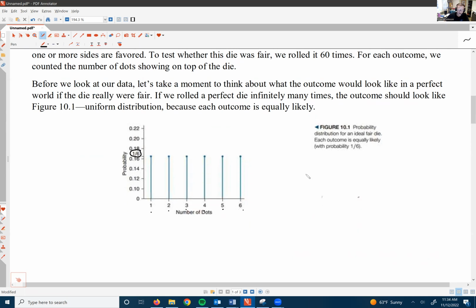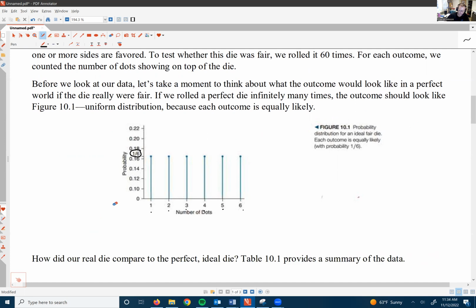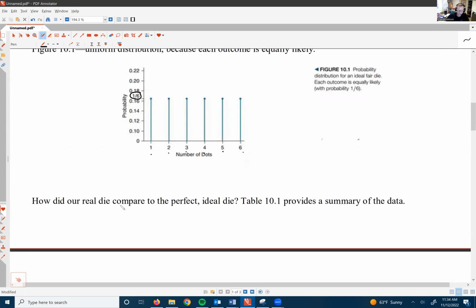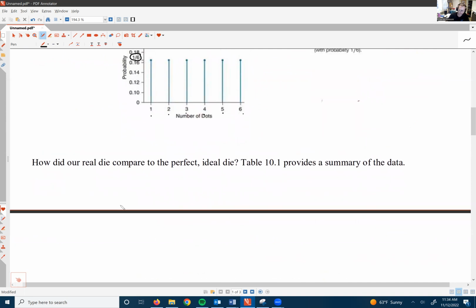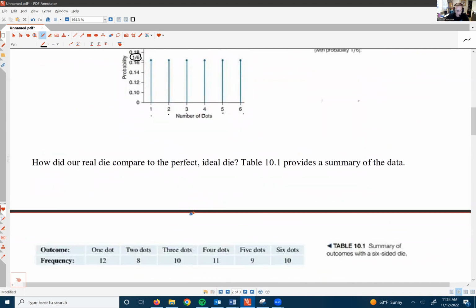So let's look at our 60 rolls of the die. How did our real die compare to the perfect ideal die? Table 10.1 provides a summary of these data.